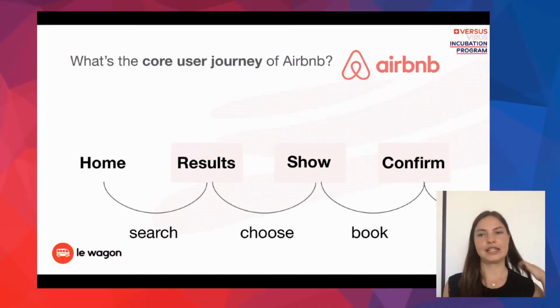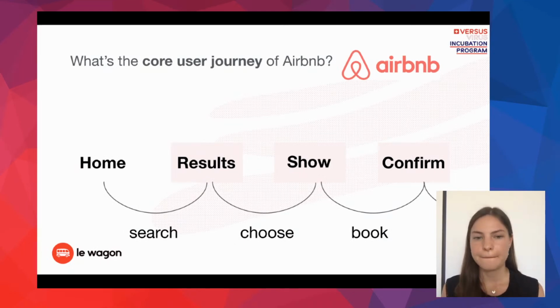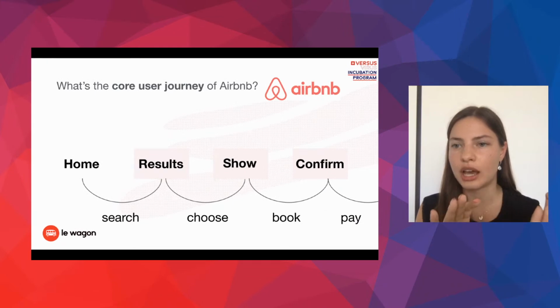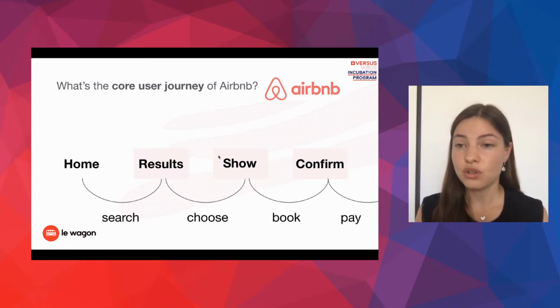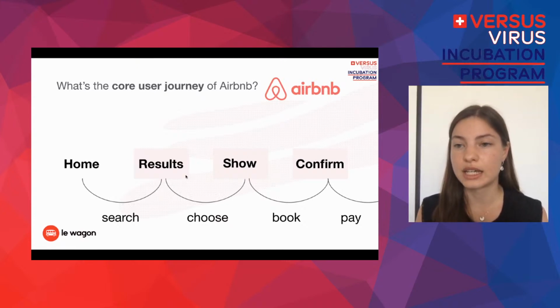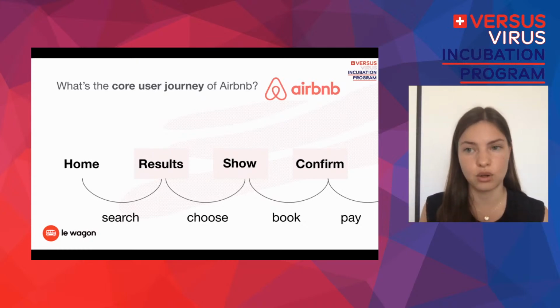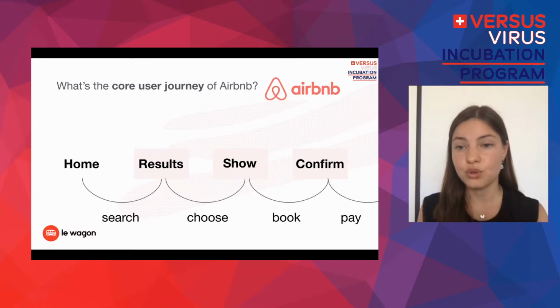And yeah. So if we take the core user journey of Airbnb, as I said, you have your homepage. And on the homepage, usually you have in big, on the front homepage, I think it's check-in, check-out, the location where you want to rent a place. And once you click on it, you have a list of different places that are available on those dates in that location. So that's another view.